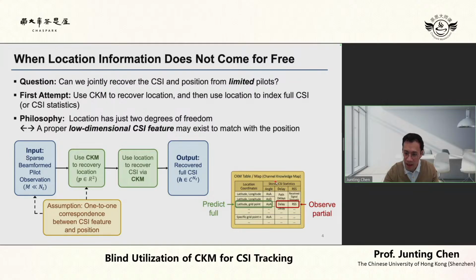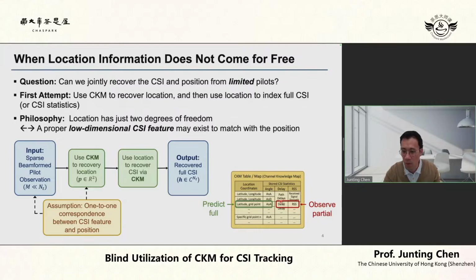So we have a CKM that records every location and CSI pair, where the CSI can consist of AOA, delay, or received signal strength, etc. Now, suppose that we observe some partial information, for example, delay and received signal strength, and this may already be sufficient to pinpoint where the user is, right? Because the delay information can have a high dimension, and then the received signal strength can also have a high dimension.